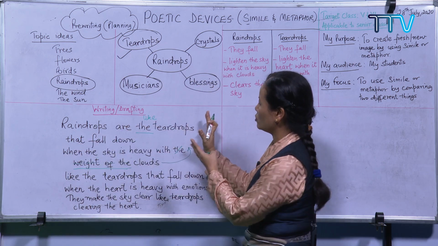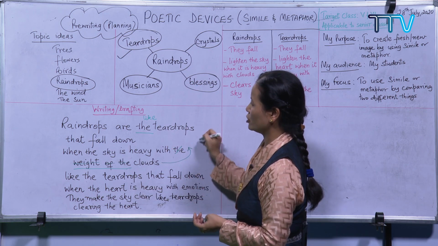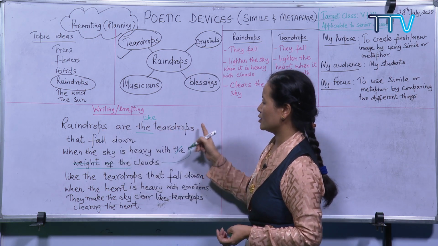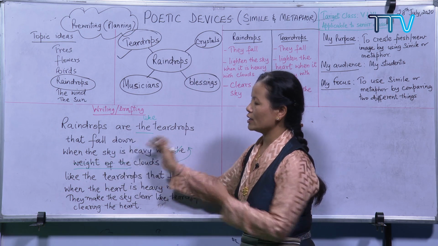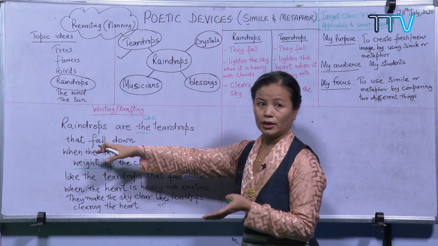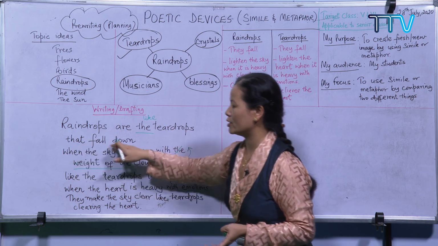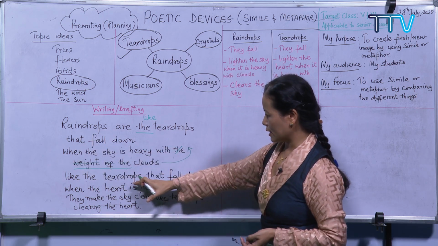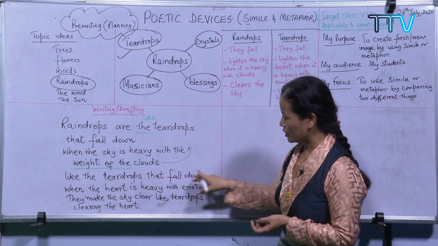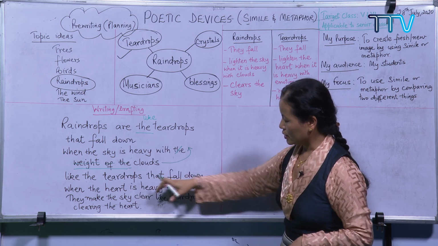I have made use of a line break here at teardrops. Raindrops are like teardrops that fall down. I just started another line. In a fresh line, I have written that fall down. What I see here is the teardrops that fall down, that fall down.